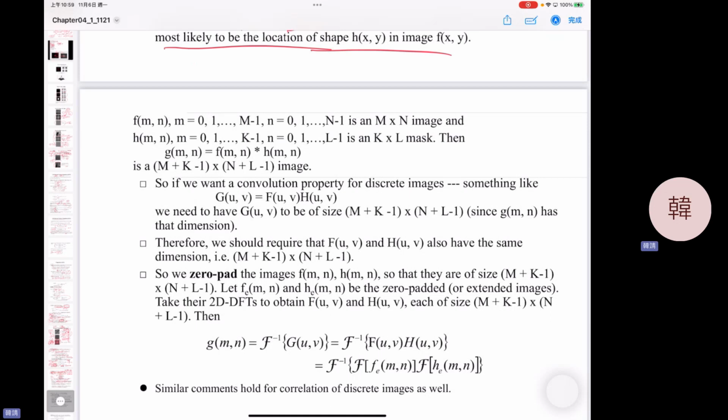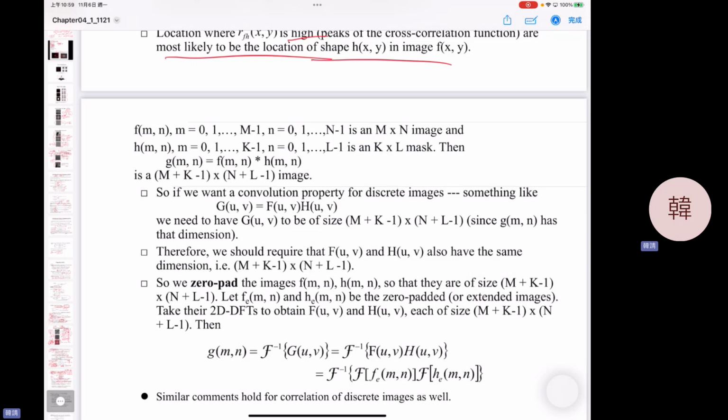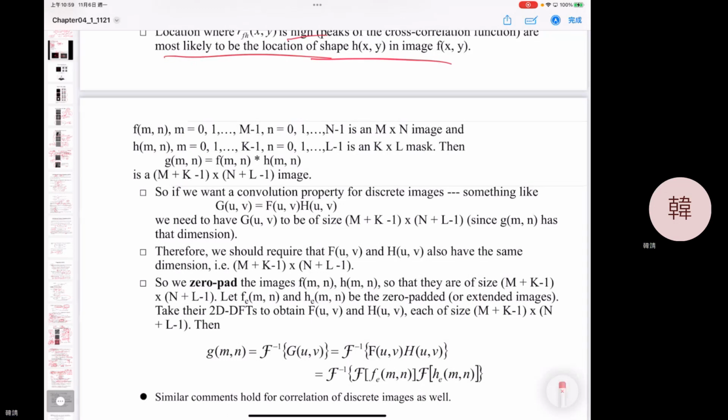We mentioned zero padding is to make sure you don't have the overlapping, what we call wraparound error. Some error message, because you didn't pad your image to the right size, unfortunately some error will occur in your boundary. We call it wraparound error.